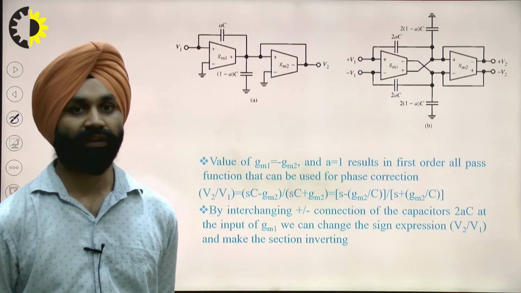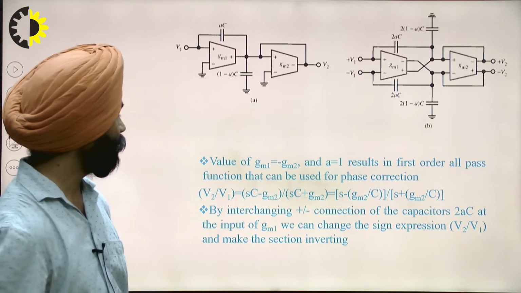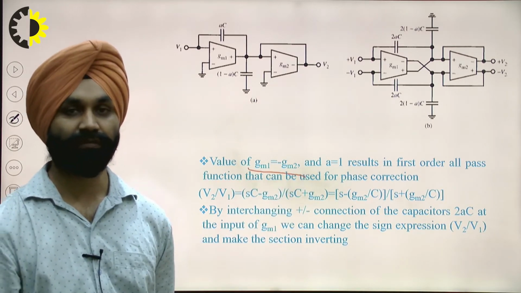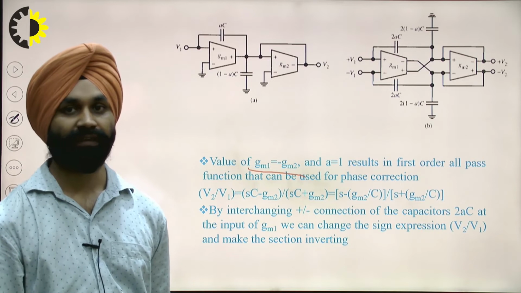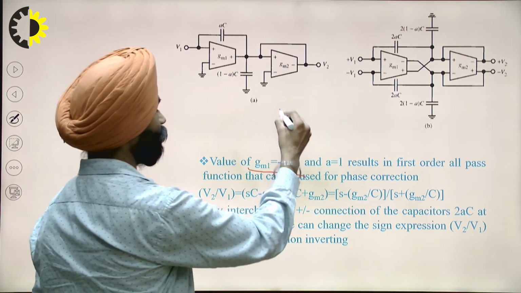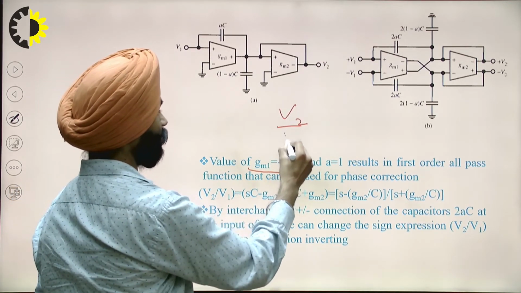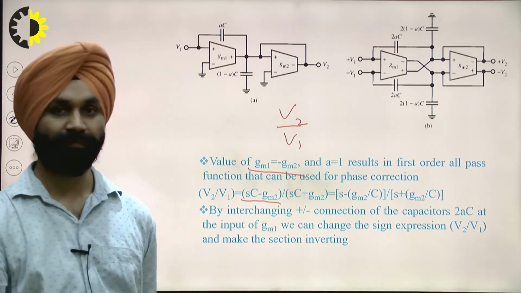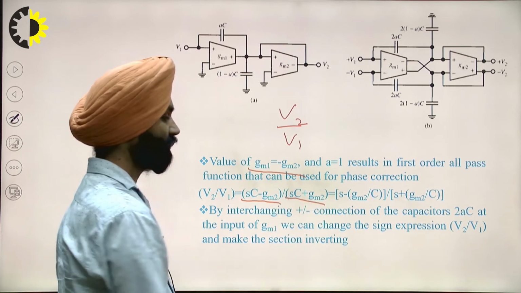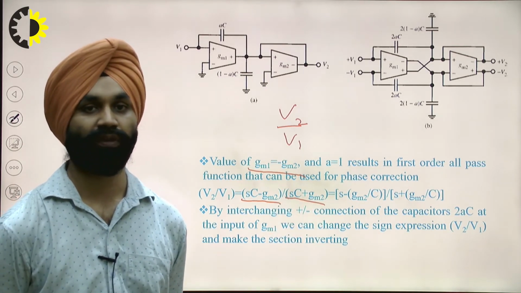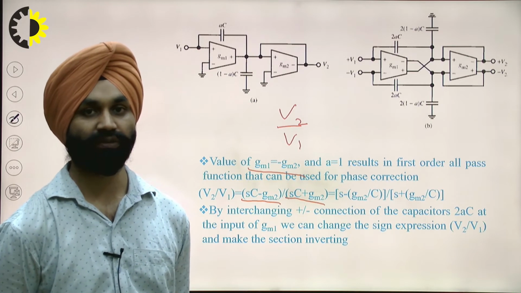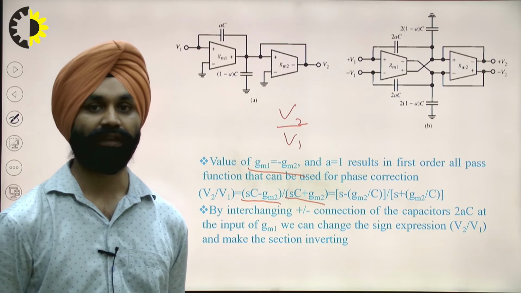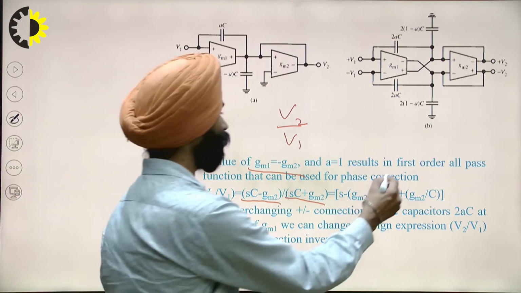So if we take the two values equal but negative, that is GM1 is equal to GM2, then the transfer function V2 by V1 will be given by (SC minus GM) upon (SC plus GM). We have seen that the poles and zeros are complex conjugates of each other, so they will make a first order all pass filter.